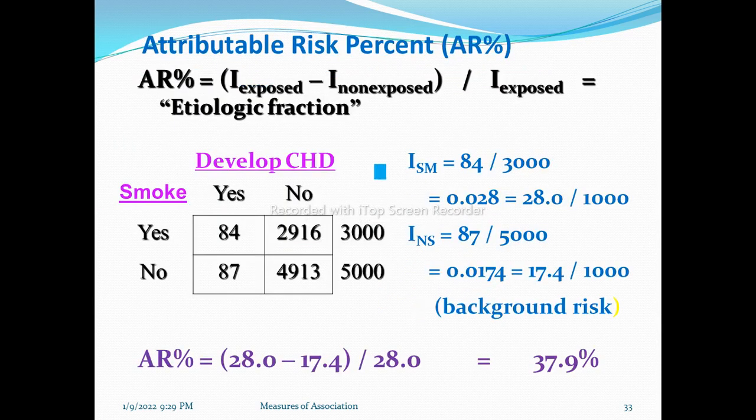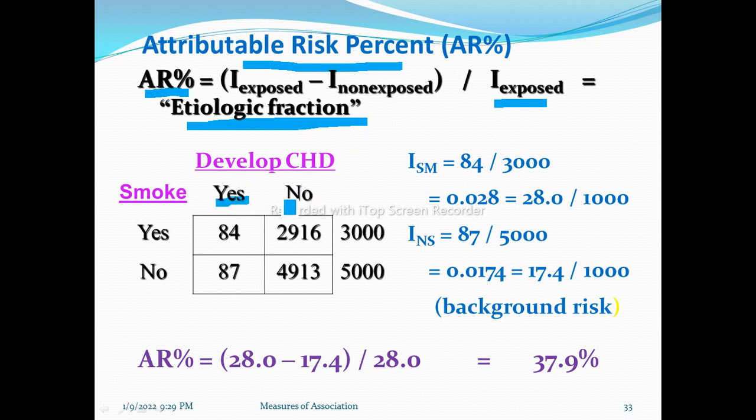So an example for attributable risk percent is: attributable risk percent is equal to incidence in exposed minus incidence in non-exposed over incidence in exposed times 100. This is known as etiologic fraction. Now it continues from the previous example.